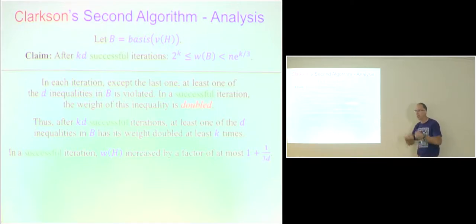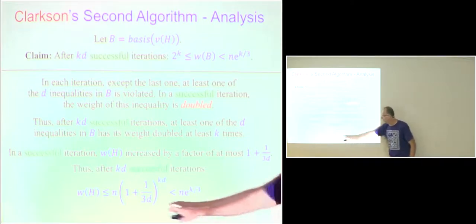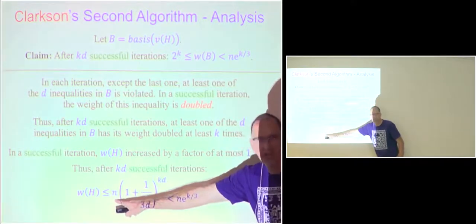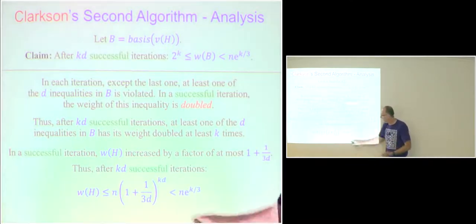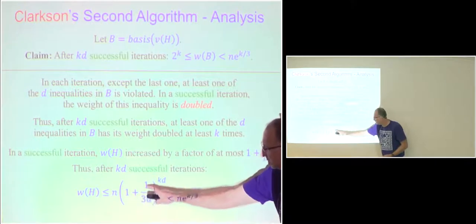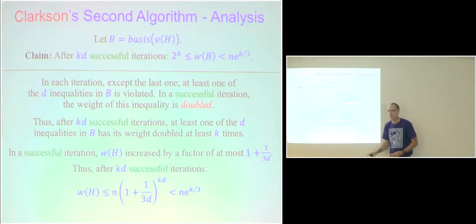So once we do the doubling, the total weight of all the inequalities is multiplied by at most 1 plus 3 over D. Therefore, in KD successful iterations, the total weight started at n, because each inequality had weight 1, and we multiplied it by at most 1 plus 3 over D, KD times.